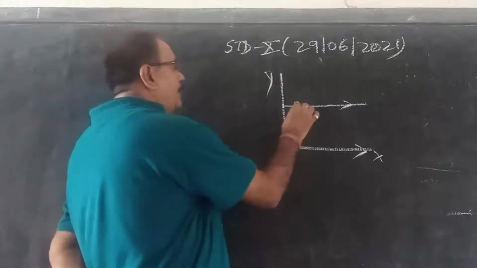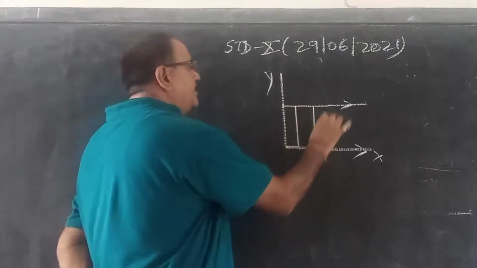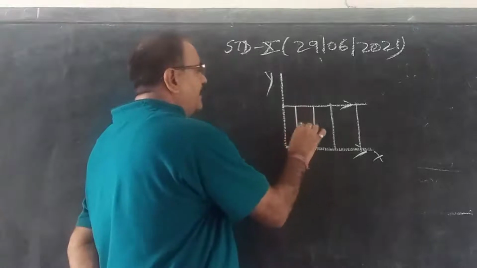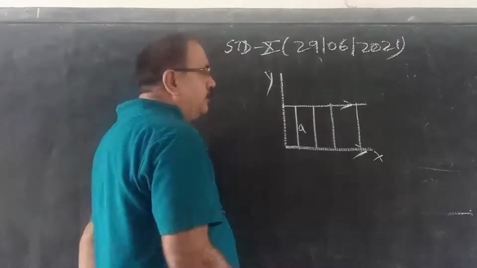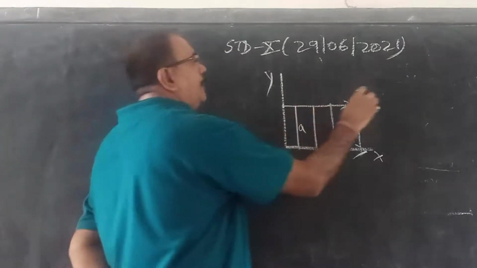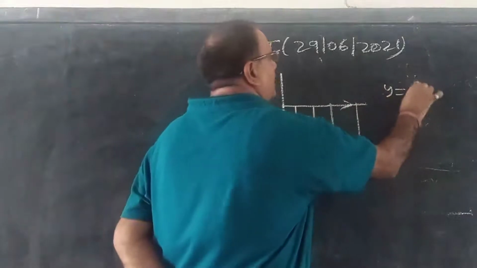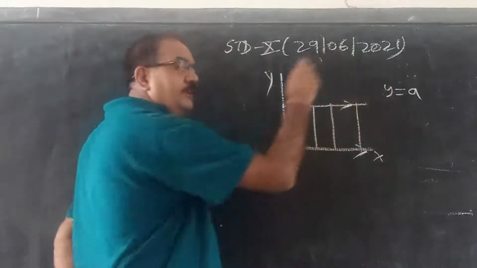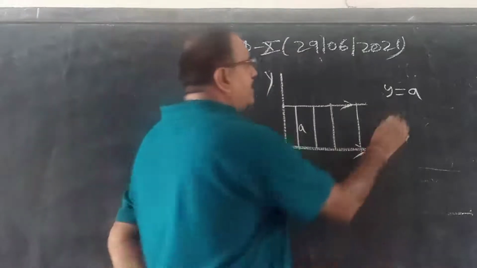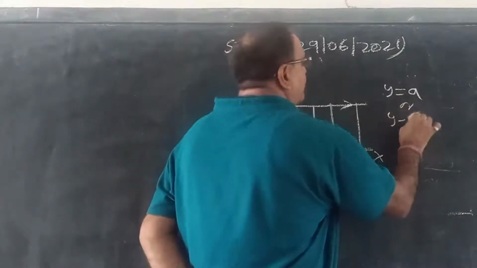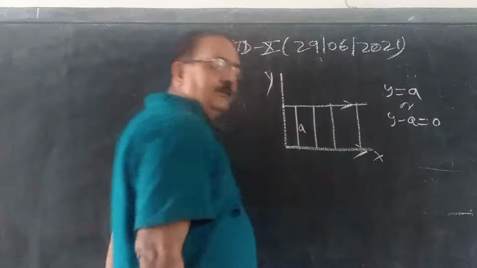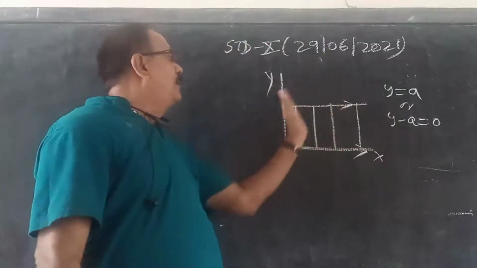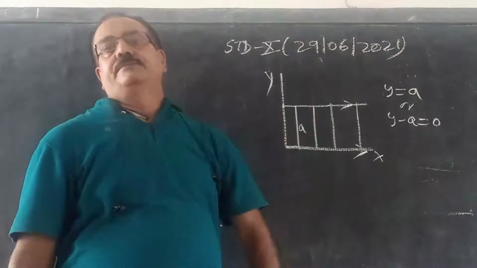So see, when parallel to x-axis, this distance will always remain constant, because lines are parallel. Say it is a. So y is equal to a. Y value is equal to a. This is the equation of the line. Or we can write y minus a is equal to 0.